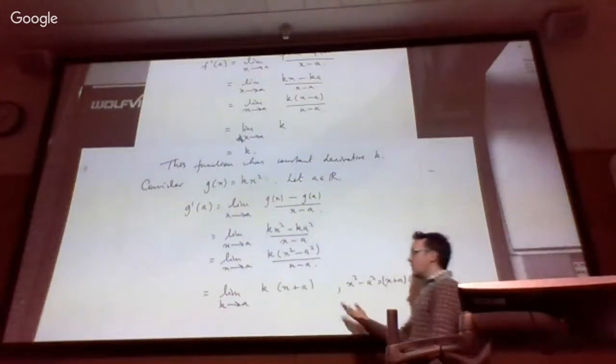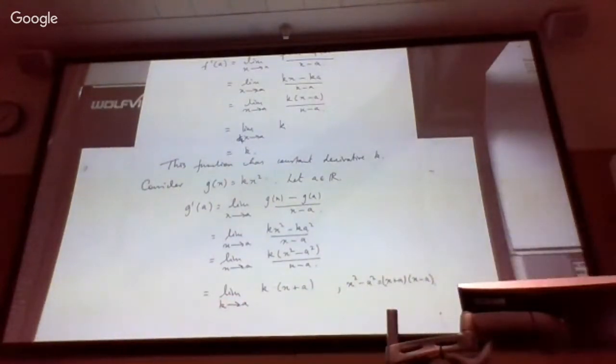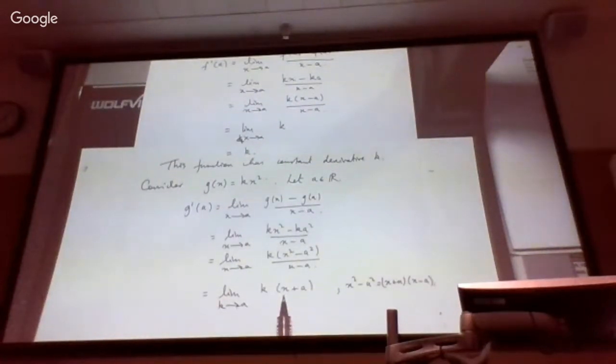And there's no problem with applying our algebra of limits theorem about limiting processes there. It's just a limit of a constant multiplied by the sum of another constant a and the quantity x. The limit as x approaches a of that, using our algebra of limits, is simply k times a plus a. So in other words, 2ka.